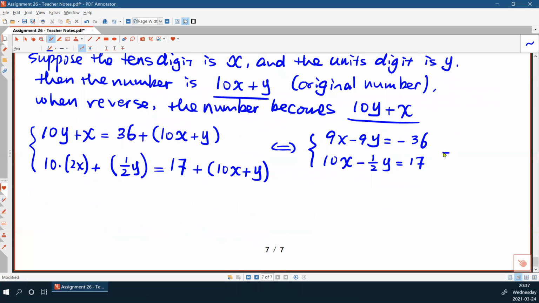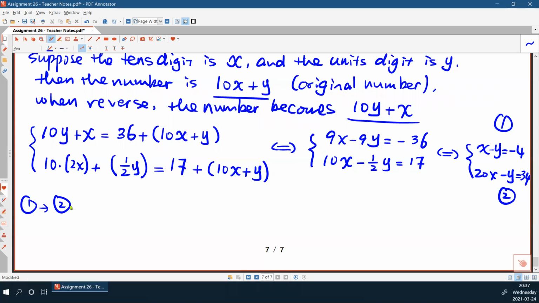Okay, so this is further equivalent to x minus y equals minus 4, and 20x minus y equals 34, right? Okay, so this is called 1, this is called 2. If we put number 1 into number 2, what do we get here? We will get 19x equals 38, right? Okay, so that means x is 2.